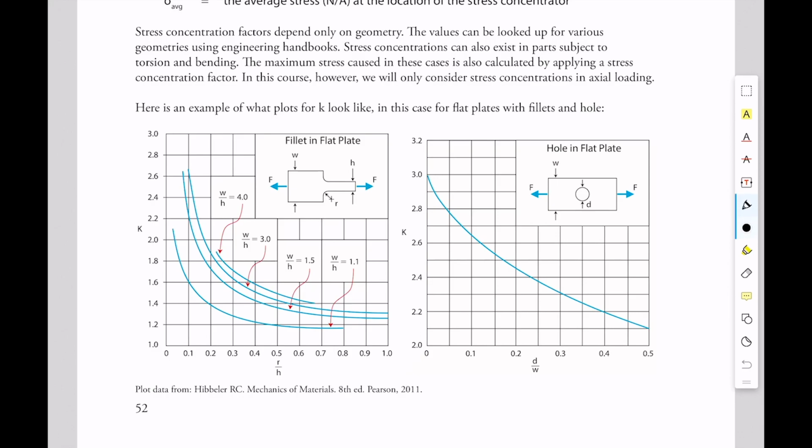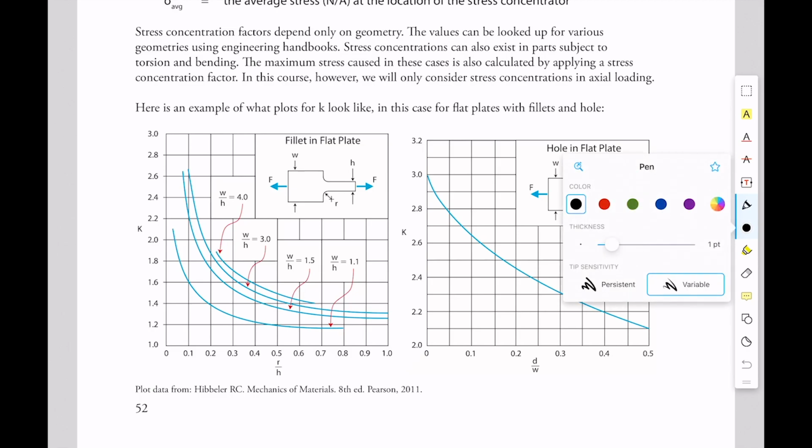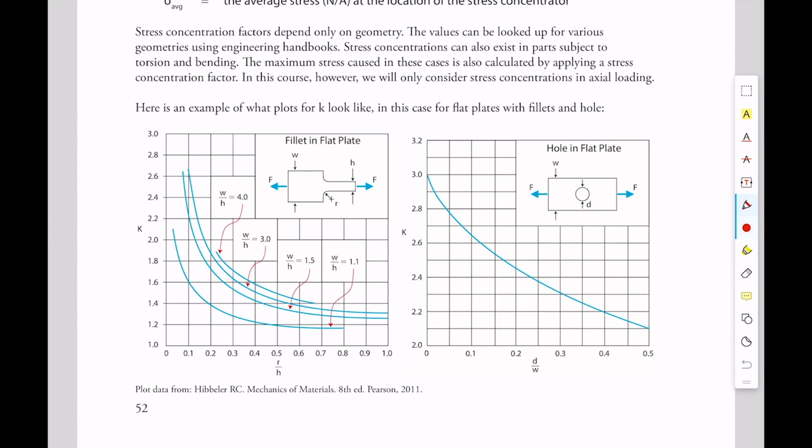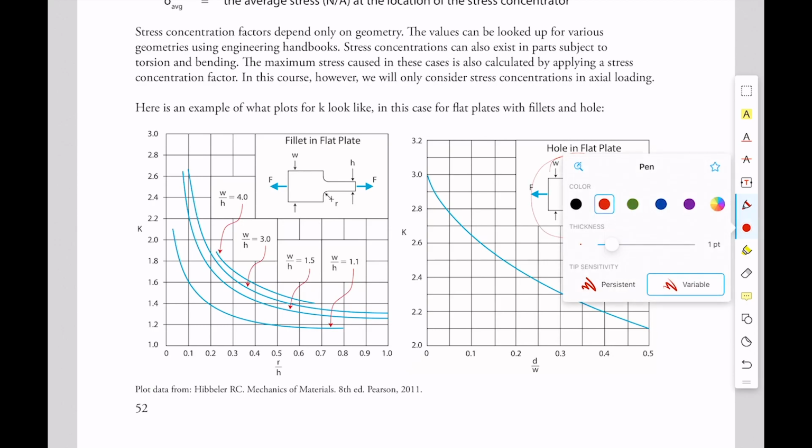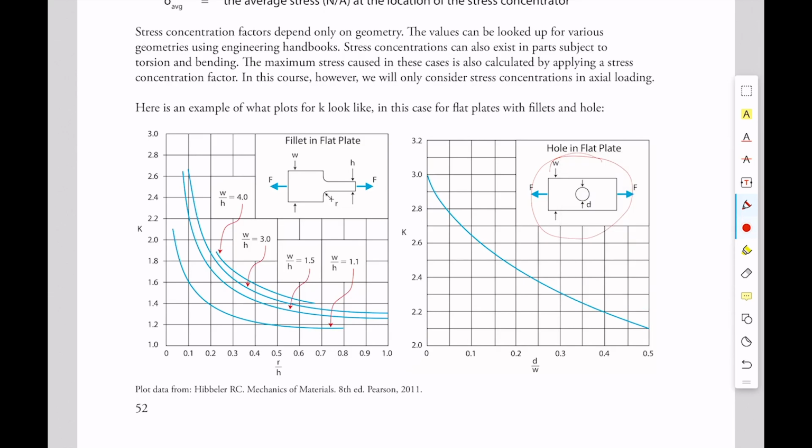So what you do when you're using these tables is, for example, if we're looking at a hole in a flat plate like this, then we can see there are some dimension labels here: the width of the plate, the diameter of the hole. On the chart, K values are along the y-axis.